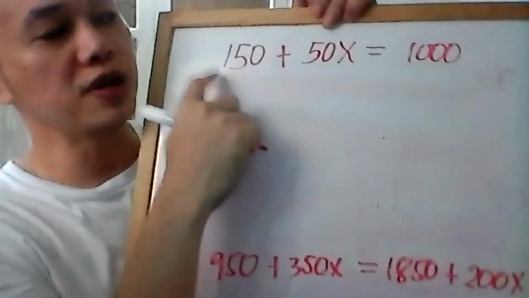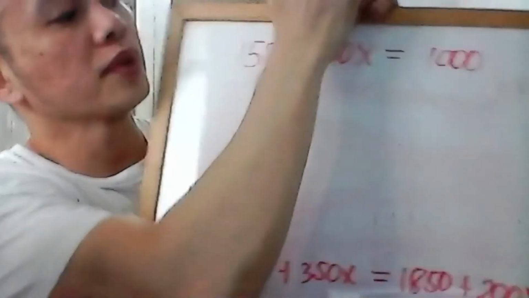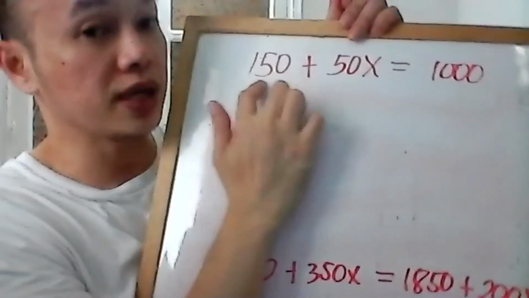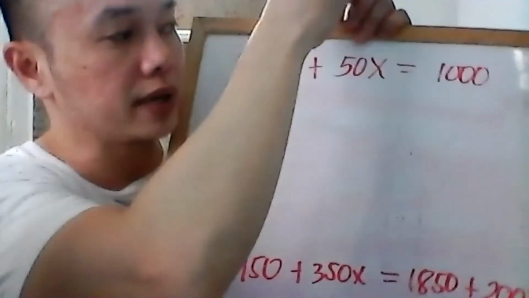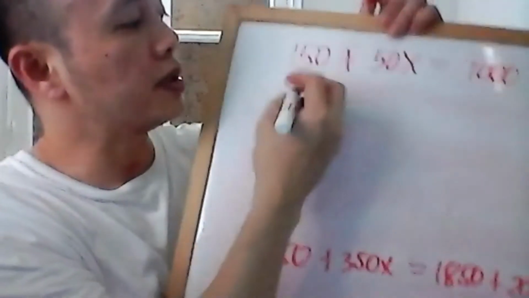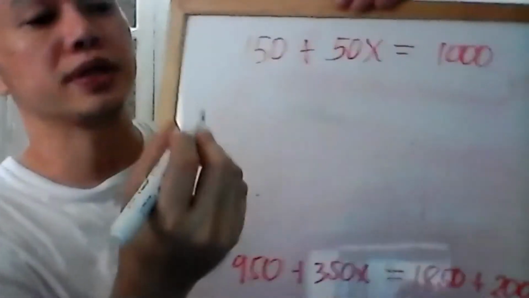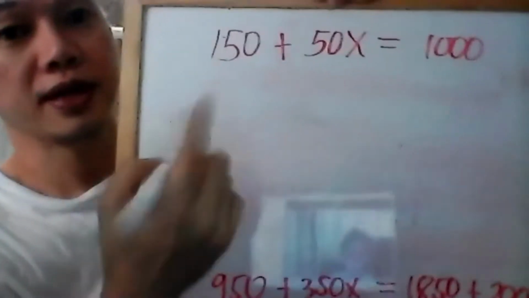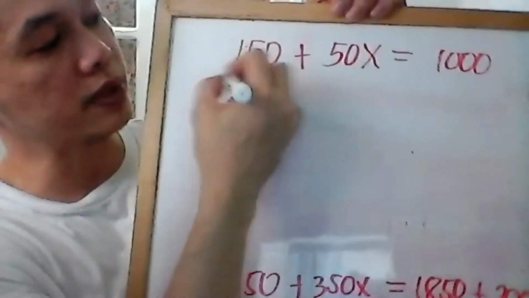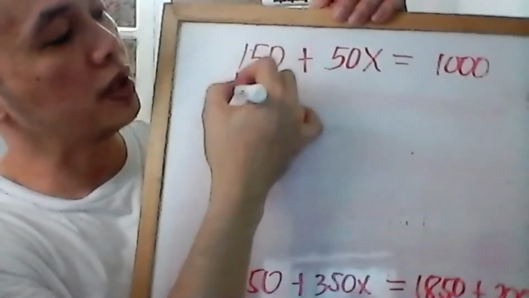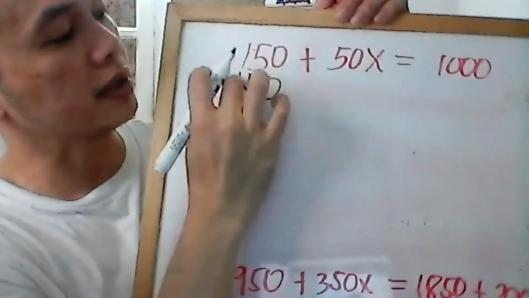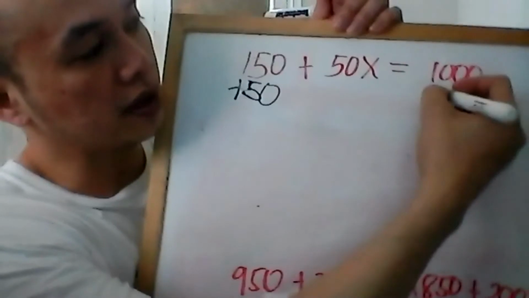Okay, so how did we do that? First we need to remove 150, right? So in order to remove that, we have to minus 150 first on both sides. Take a look at my whiteboard, Crystal. So minus also here 150.